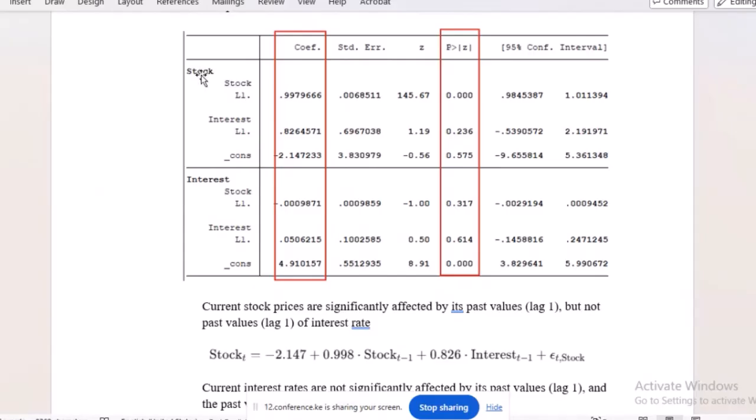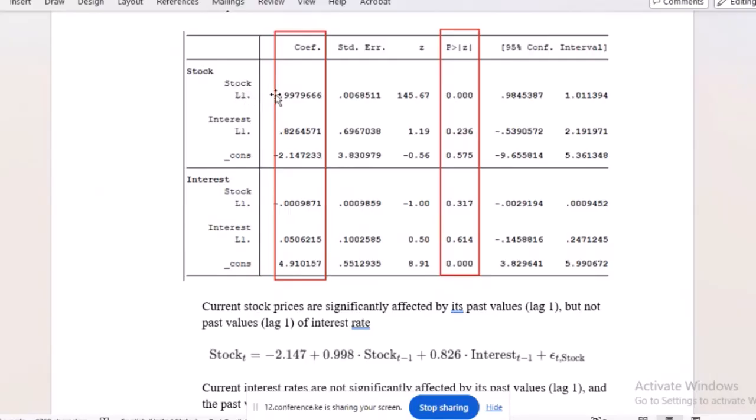So stock prices, the current stock prices, is given here. Then we look at the effect of the previous stock prices, L1. L1 means lag 1, or what we are referring to as T minus 1.